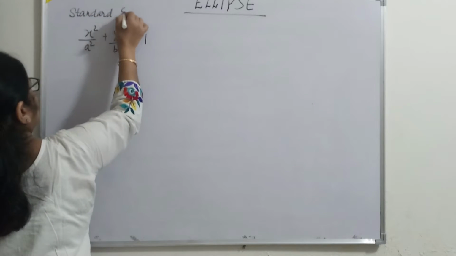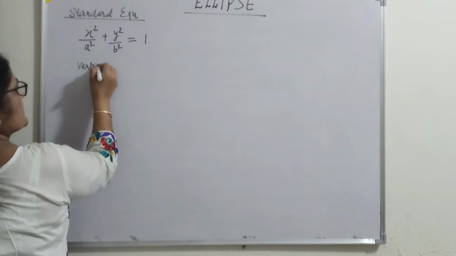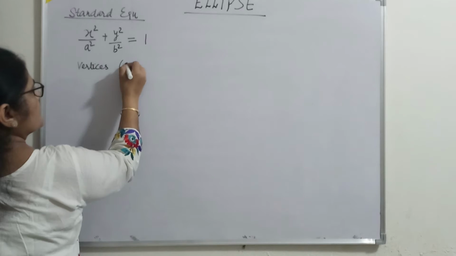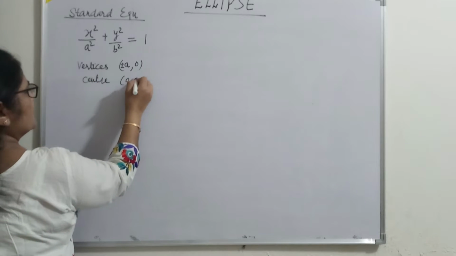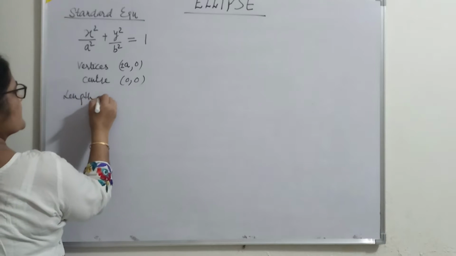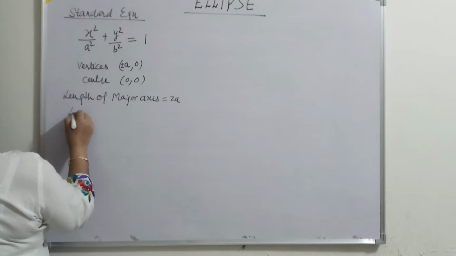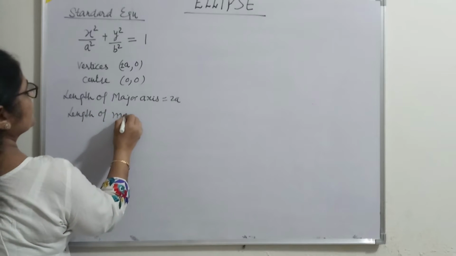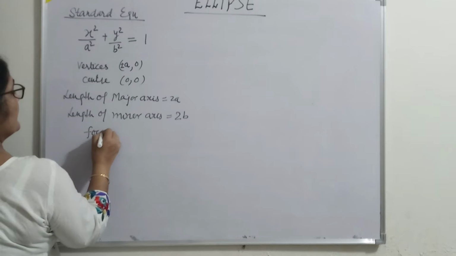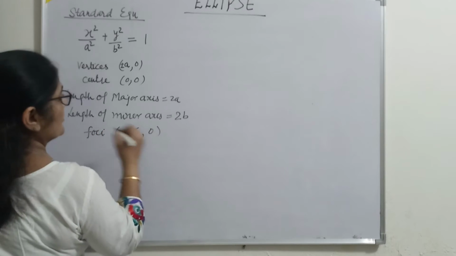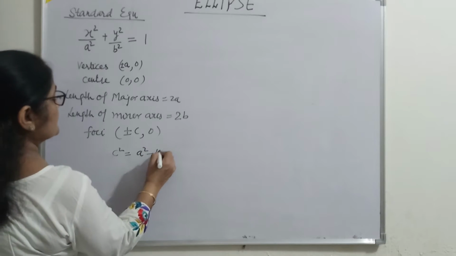Standard equation, where vertices are plus minus a comma 0, center at origin, length of major axis 2a, length of minor axis 2b, foci coordinates plus minus c comma 0, and there is a relationship between c, a and b: c square is equal to a square minus b square.